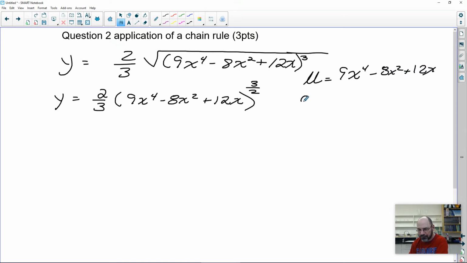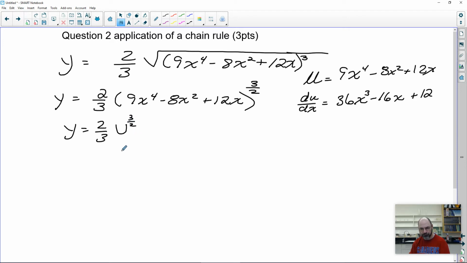So that means du/dx, derivative of u with respect to x, is 36x cubed, 4 times 9, minus 16x plus 12. And then we have y equals 2/3 u to the power of 3/2.